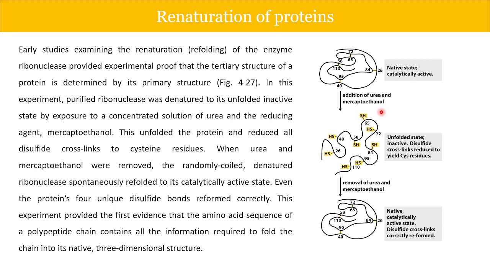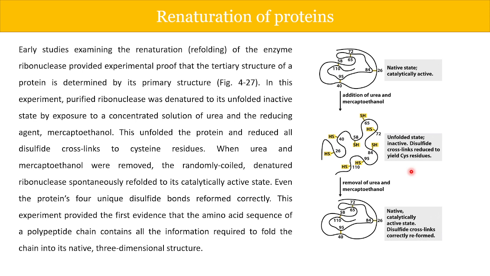So what does beta mercaptoethanol do? It breaks your disulfide bonds, and these sulfur groups remain in the reduced state. First we have a catalytically active protein, and on the application of these chemicals, it gets unfolded and inactive, and the disulfide crosslinks are reduced because of beta mercaptoethanol.